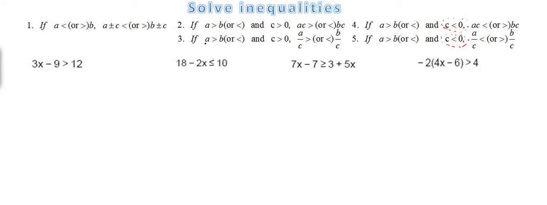Similarly, if A is greater than B, C is positive, and we let both sides be divided by C, then the sign of inequality should be the same. So for example, here is greater than, here should be greater than. If here is less than, here should be less than.